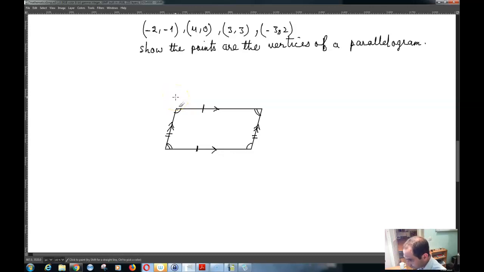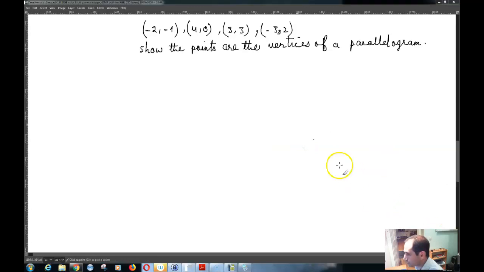It's an interesting geometric shape. But that doesn't really matter. The only thing that matters is that this side is parallel to this side and this side is parallel to this side, and based on that you can conclude that this is a parallelogram. That's the definition.